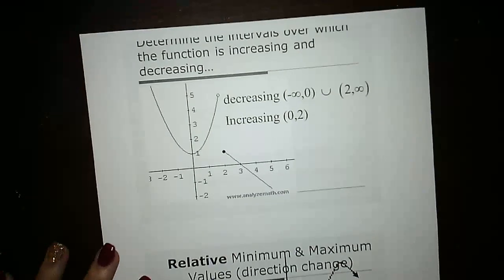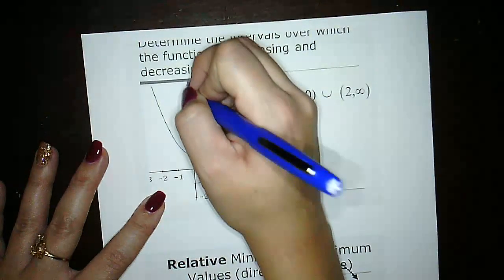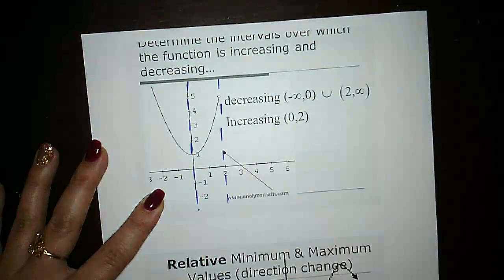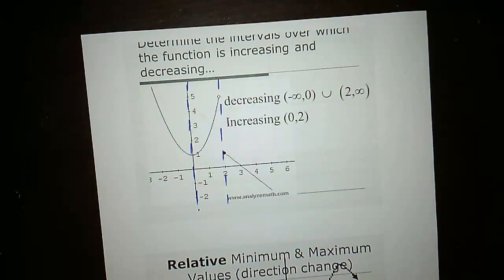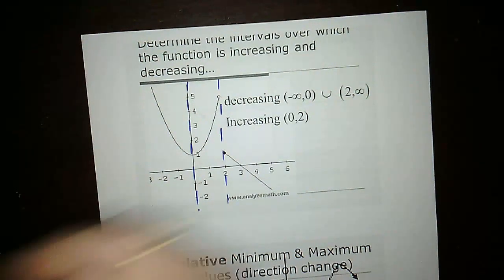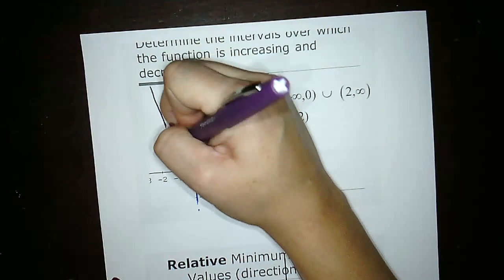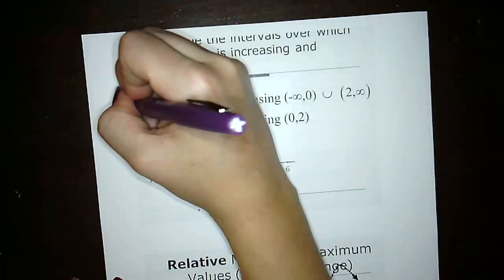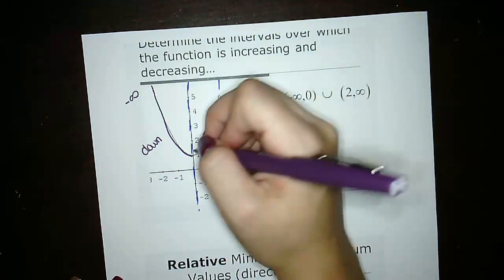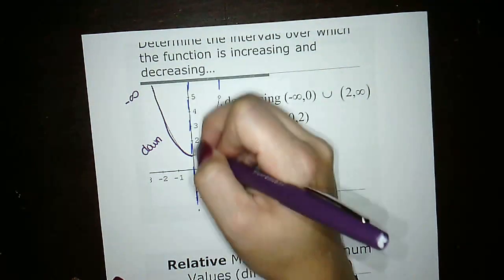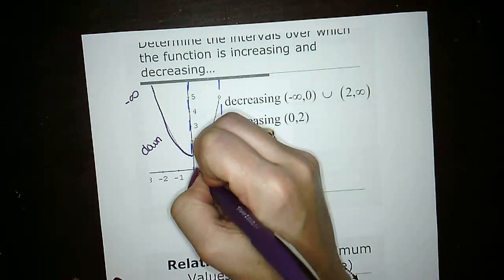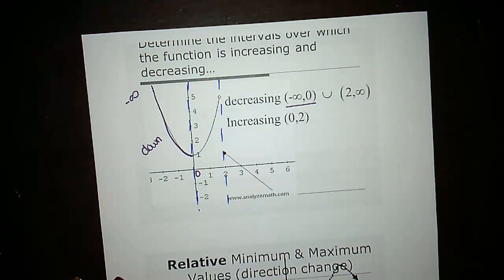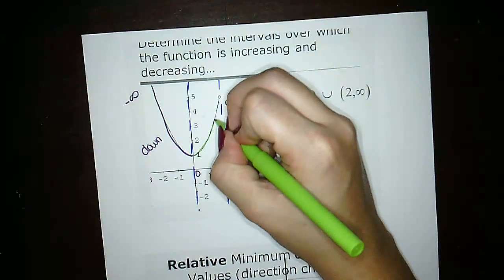One more example. Again, if it helps, every time your function changes, you can draw these dashed lines to help you see how many intervals you're going to have. So I look here, it's going down. So it's decreasing from -infinity to my x value. It's not 1. My x value here is 0. So -infinity to 0. Then I see it's going up.